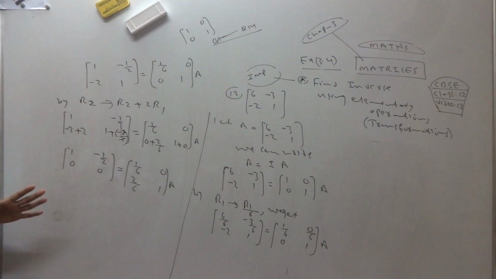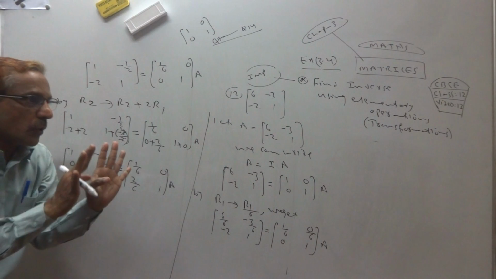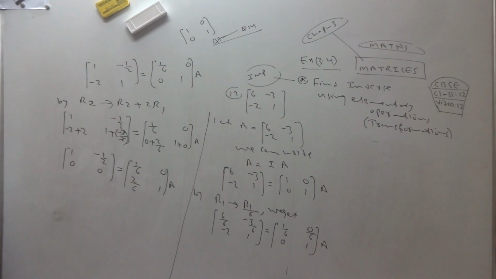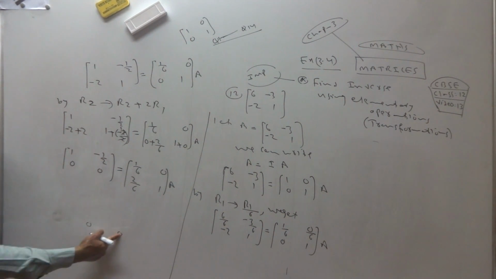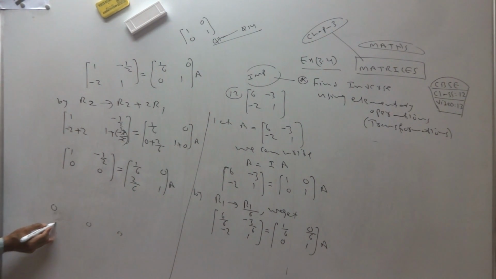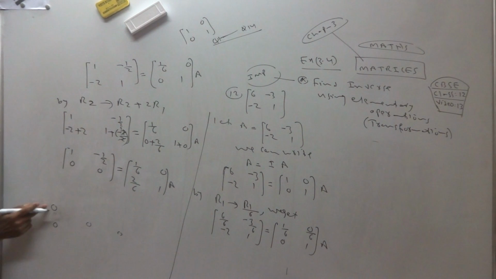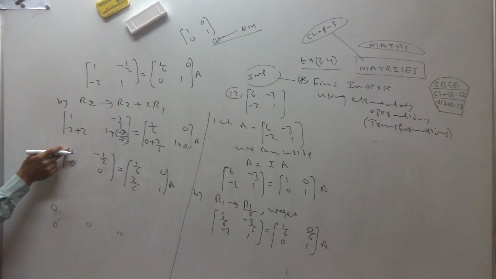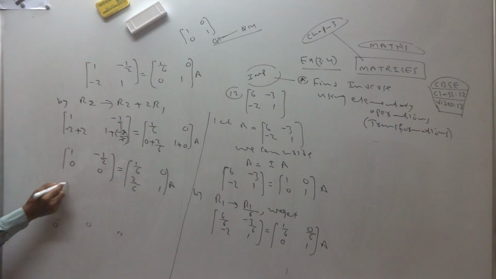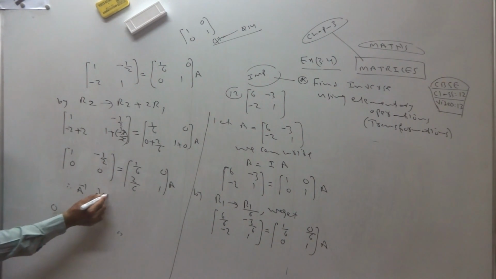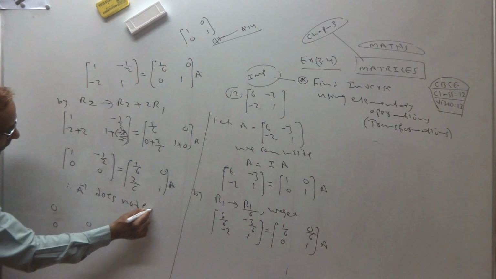So it means its inverse does not exist, not possible. When you get all the elements of row 2 zero, or all the elements of column 1 or column 2 zero, what is the meaning of that? A inverse does not exist.